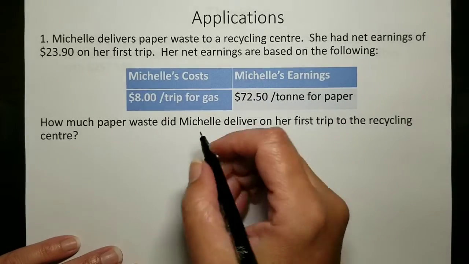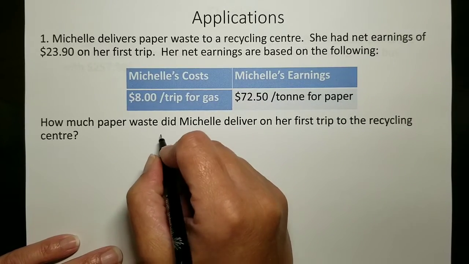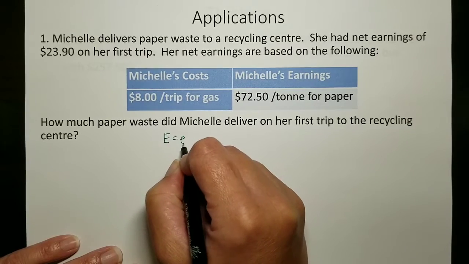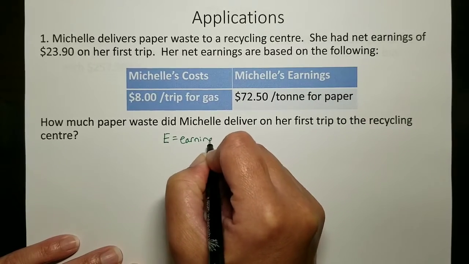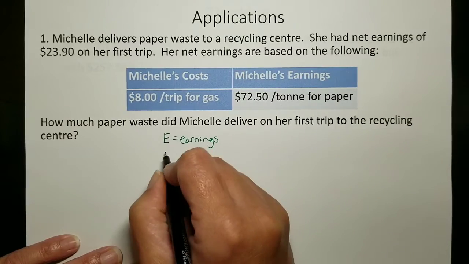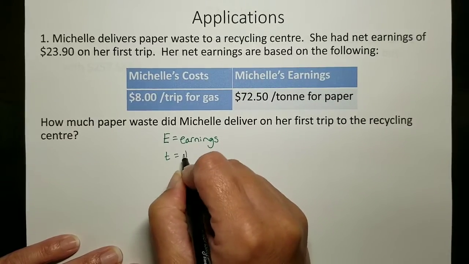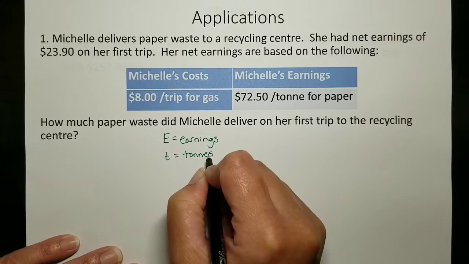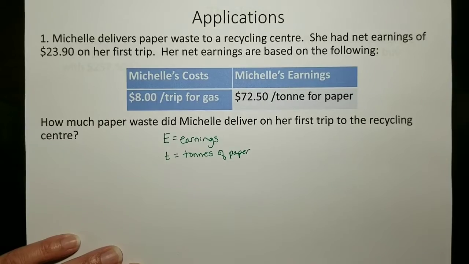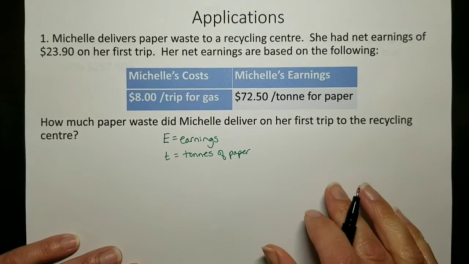Whenever we have an equation, I'm going to say what my variables are. So I'm going to say E is her earnings, and we're measuring our paper in tons, so I'm going to put T, and this is the tons of paper. So how much paper she brings to the place to recycle.